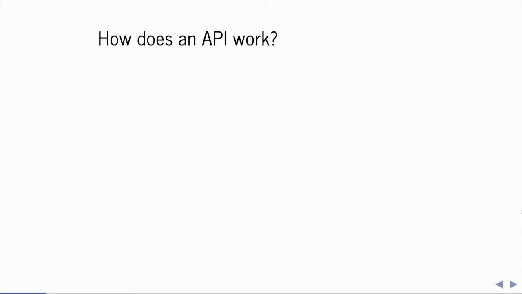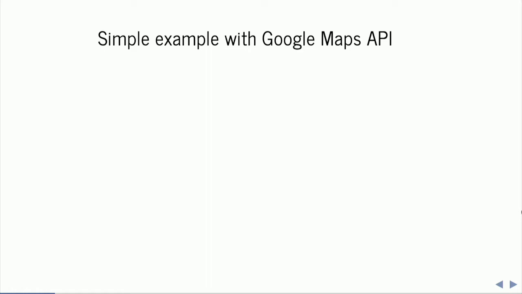So how does an API work? Let's look at a simple example. We're going to make a call to the Google Maps API. We're going to give it the name of a place, and we're going to ask it for the latitude and longitude of that place. So we're geocoding a named entity here.